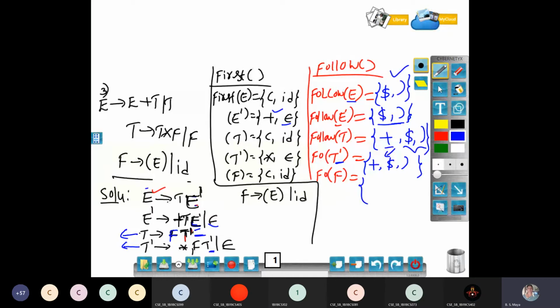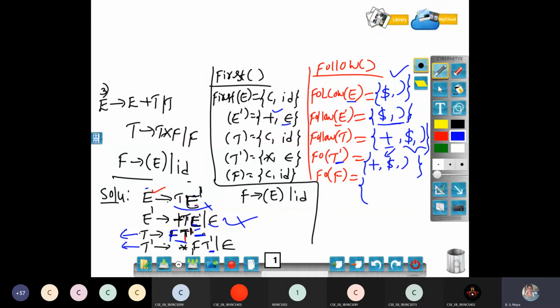Follow of F. Check follow of F in the first production. No, ma'am. Second line, no, ma'am. Third one, yes, it is there. What is in front of F on the right-hand side? T dash. Is T dash a non-terminal or terminal? Non-terminal, ma'am.